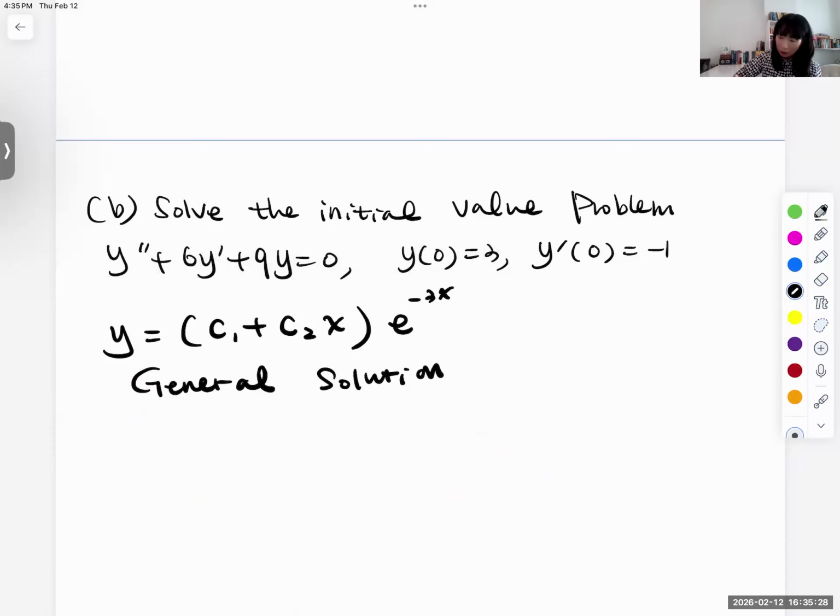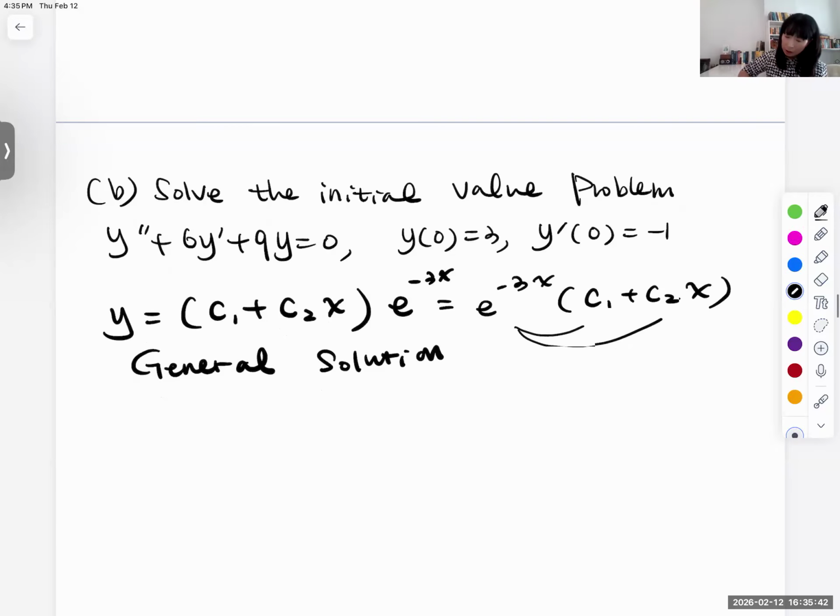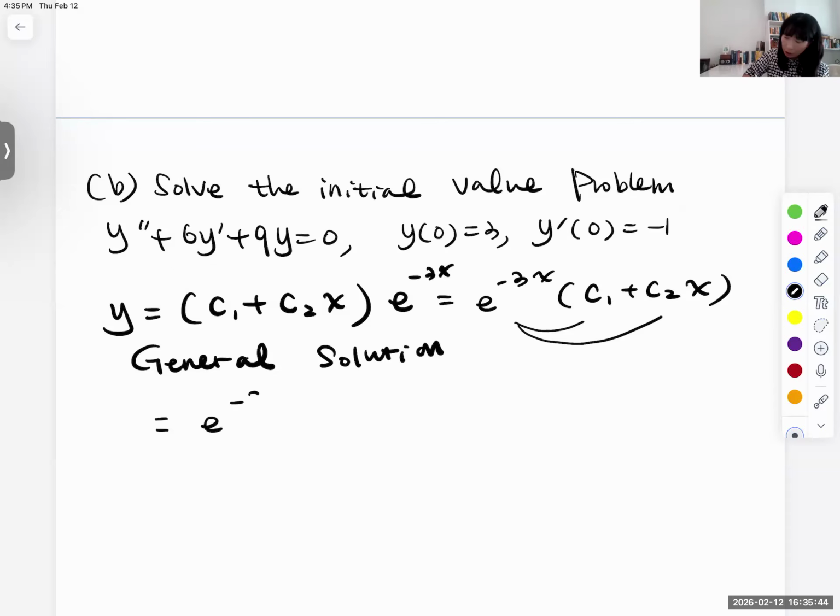Yeah, we can write out e to the negative 3x and c sub 1 plus c sub 2x. Same, right? All right, so let's distribute. So we will get e to the negative 3x and constant c sub 1 plus c sub 2x e to the negative 3x, yeah?